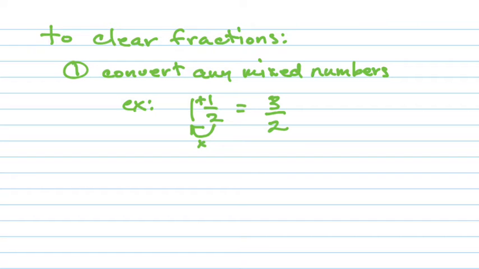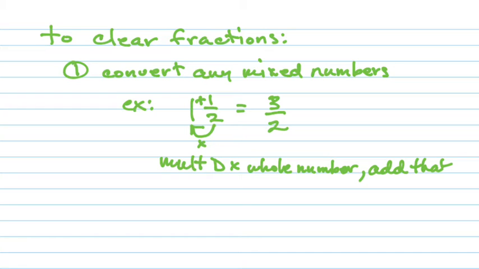So just multiply the denominator times the whole number. You don't need to write this if you don't need to. Add that product, and yes, I'm always going to use math words where I can. Product is the answer when you multiply.